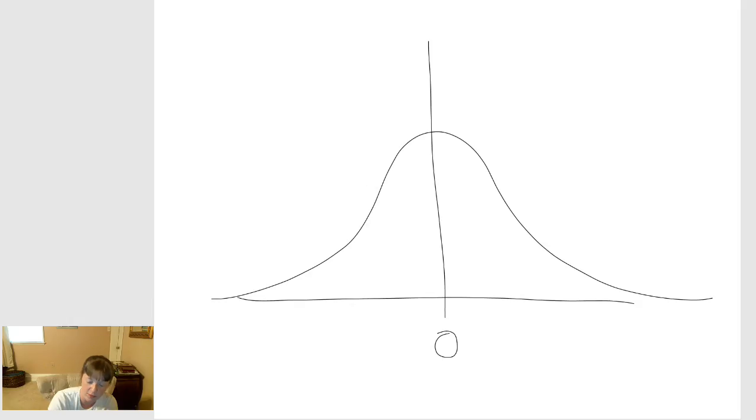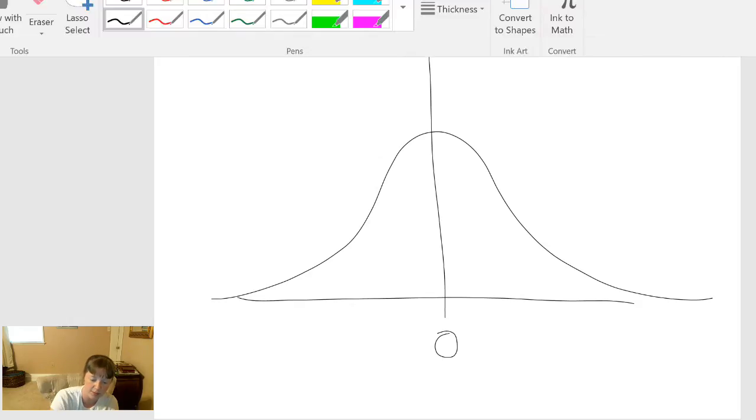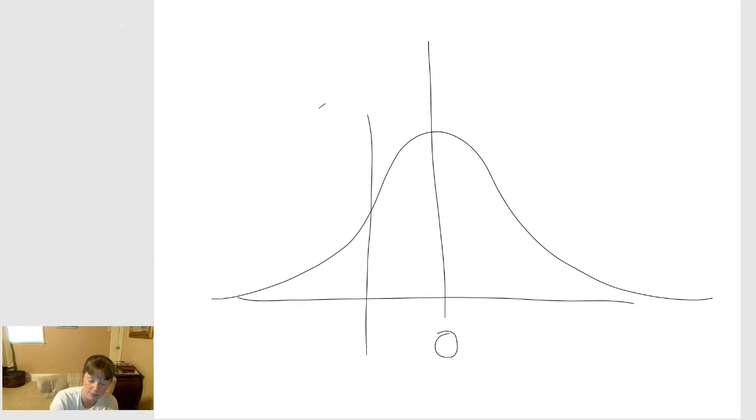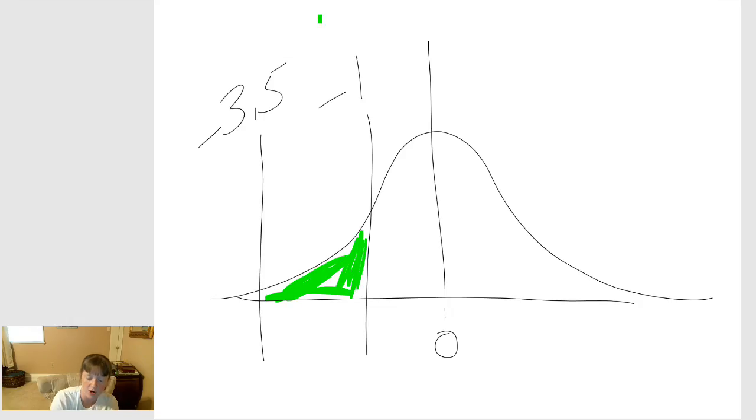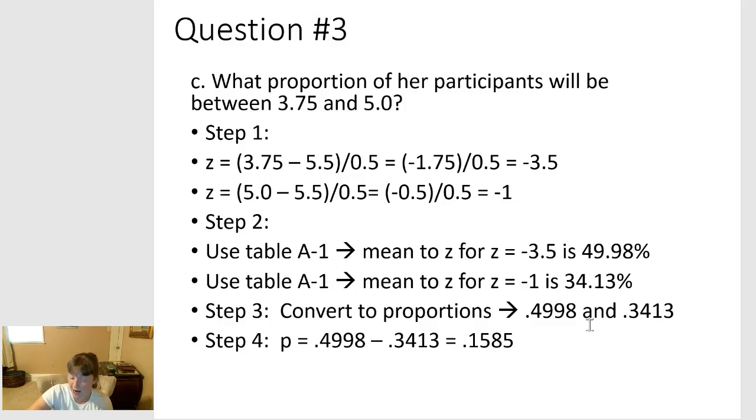Well, -1 would be over here, and -3.5 would be over here. And I want to know who's in here, right? So then I use my mean to z to find out that 49.98% of the people will be between the average of 0 to 3.5.